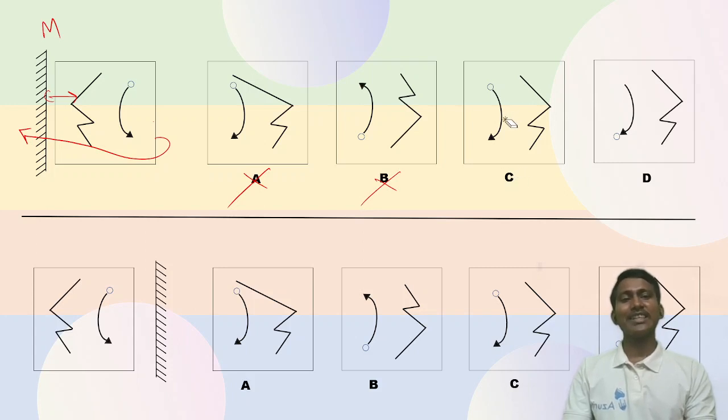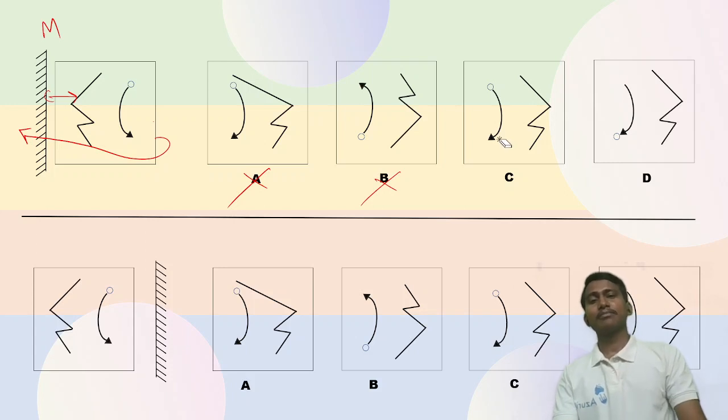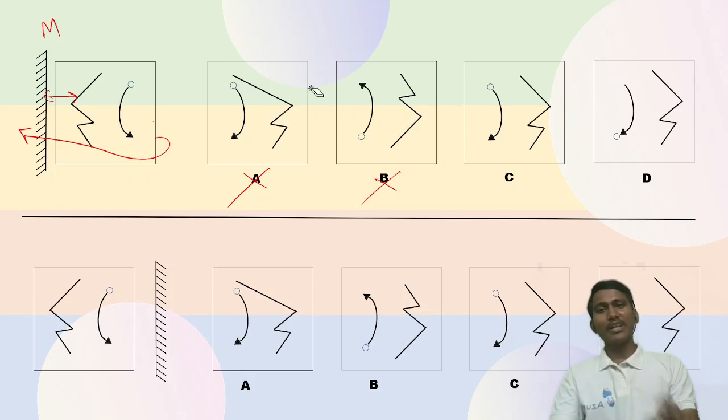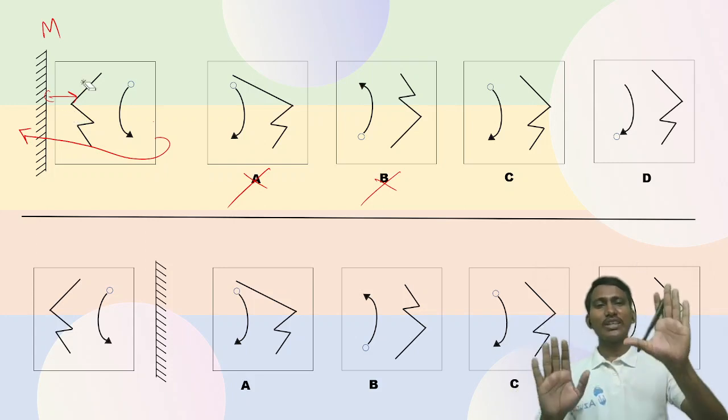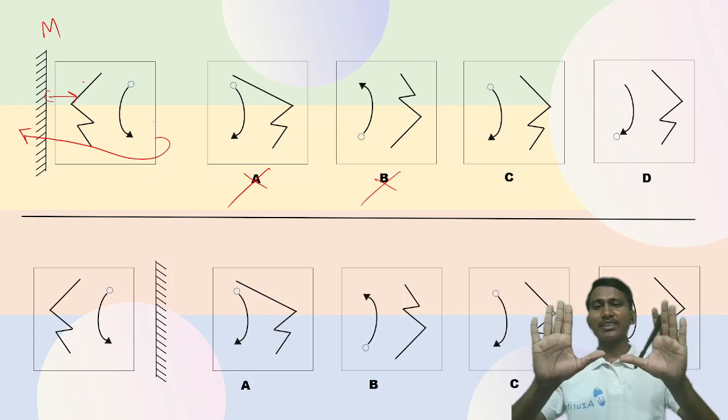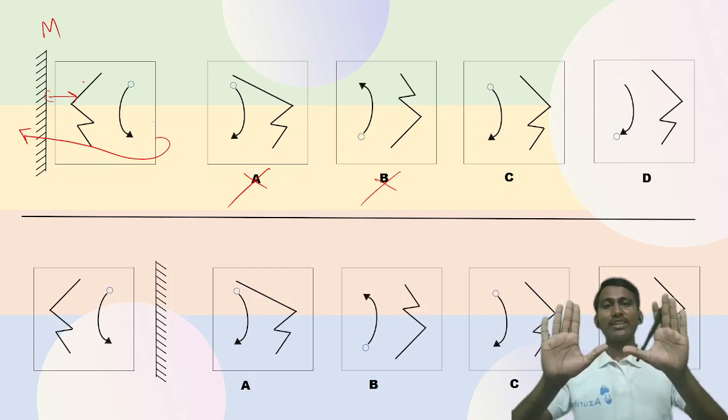In C, if you see what is near to the mirror, here we have to place this image towards that side, right? So if you place the image like this, then this hand will be the mirror image of it.